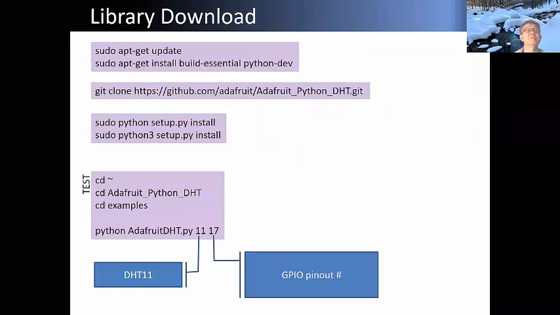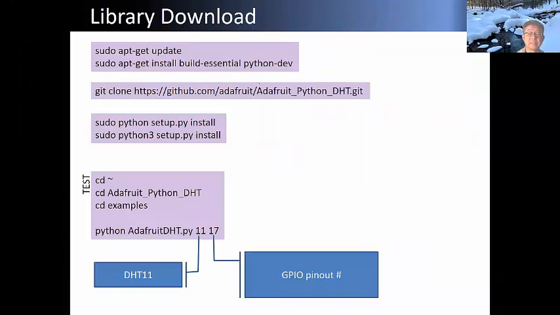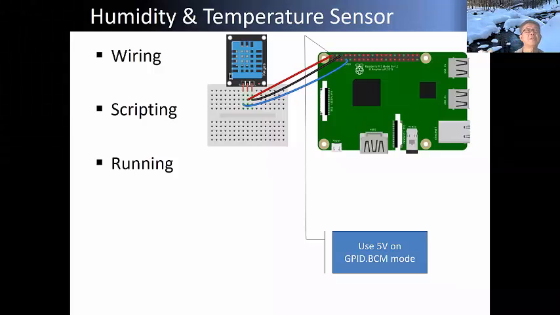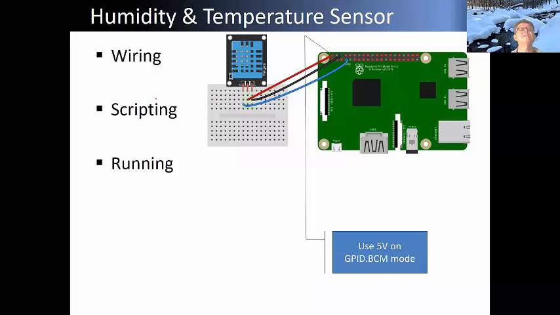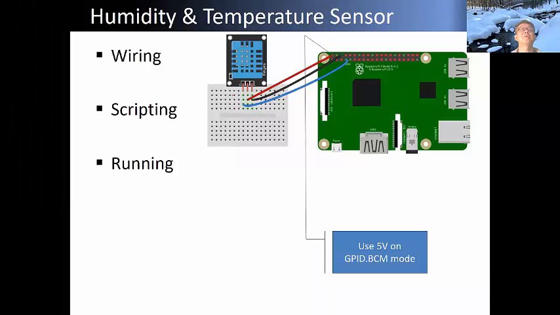At the first time, if you want to test, you can test. This is for test. When the test is done, then you can again use that. Let's see if I have that somewhere. Okay, here. Right. So in this case, as you can see here, 3 pins.